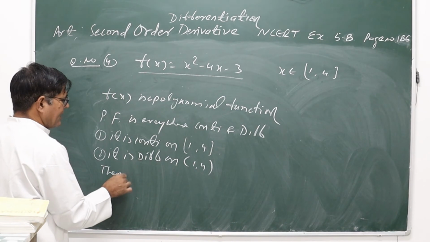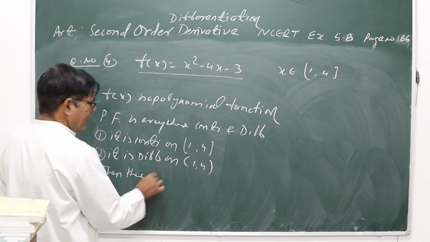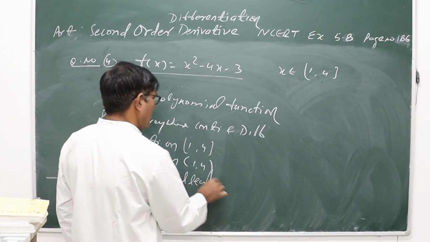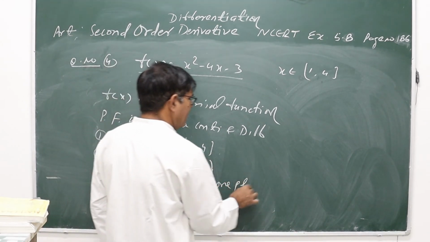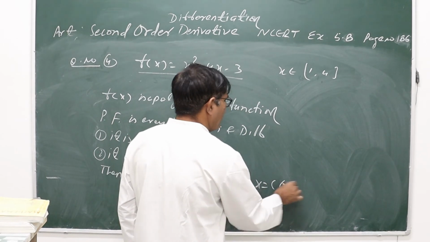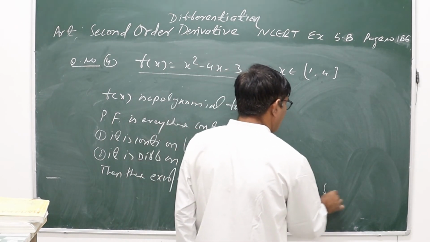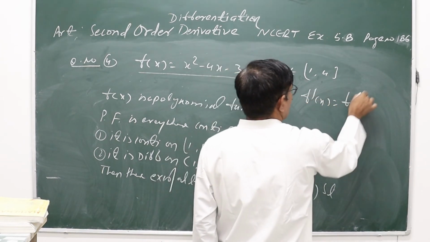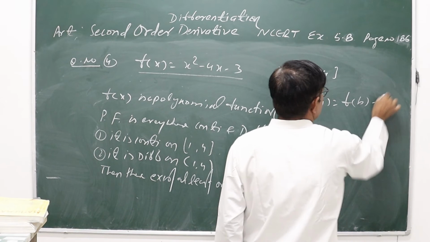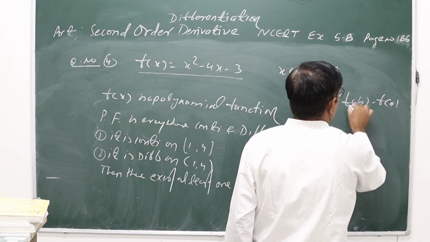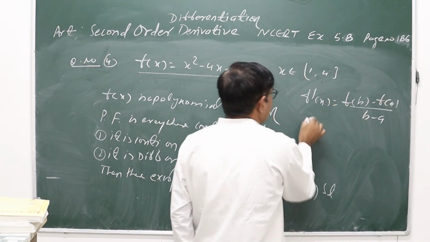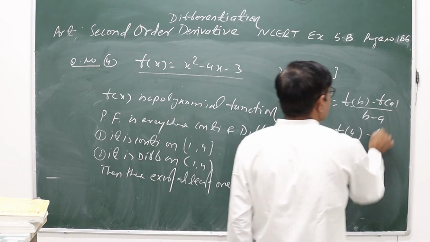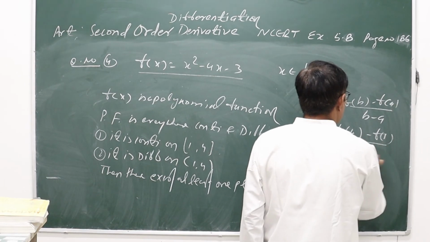Then there exists at least one point x = c belonging to the open interval (1, 4) such that f'(x) = (f(b) - f(a))/(b - a). That is, f'(x) = (f(4) - f(1))/(4 - 1).